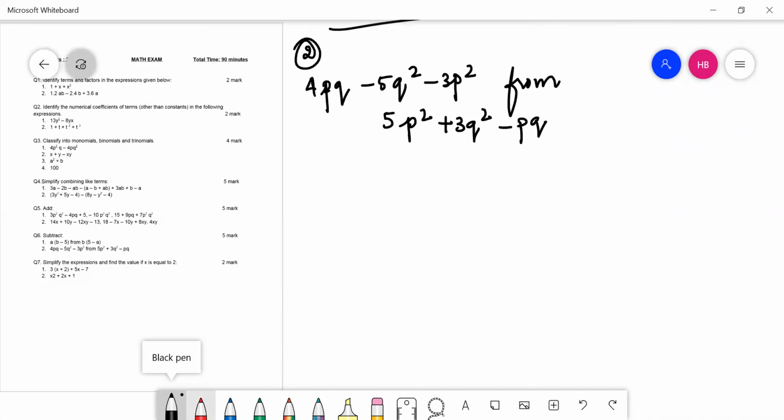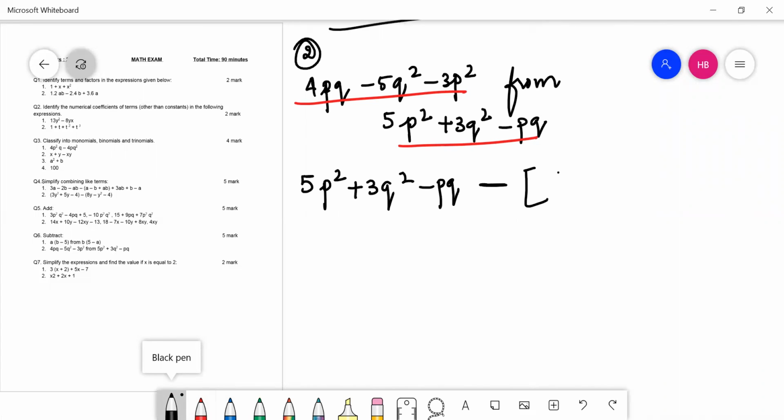So I have to subtract this algebraic expression from that algebraic expression. How do we write it? Look here. First of all, I'll put the subtraction operator: minus PQ minus the entire 4PQ minus 5Q square minus 3P square. Now I'm going to open the brackets.